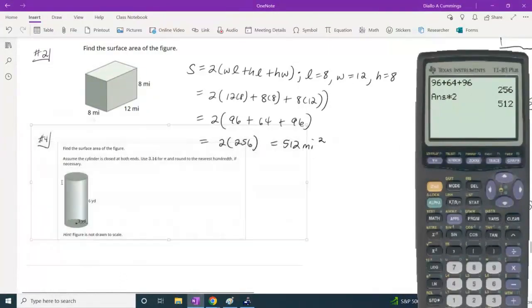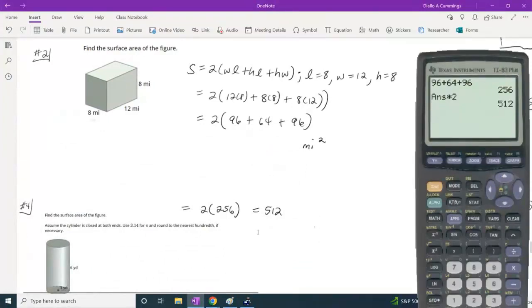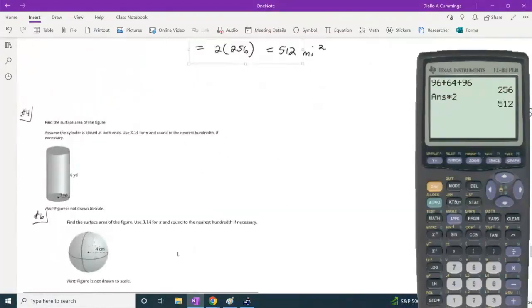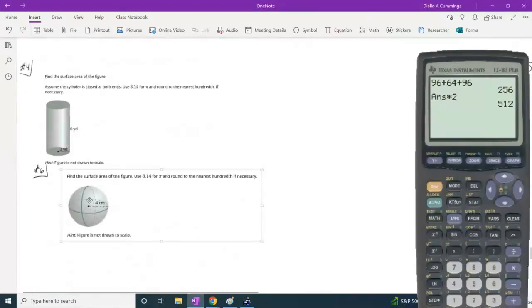Problem number 4 wants us to find... okay, my figures are running together a little bit.